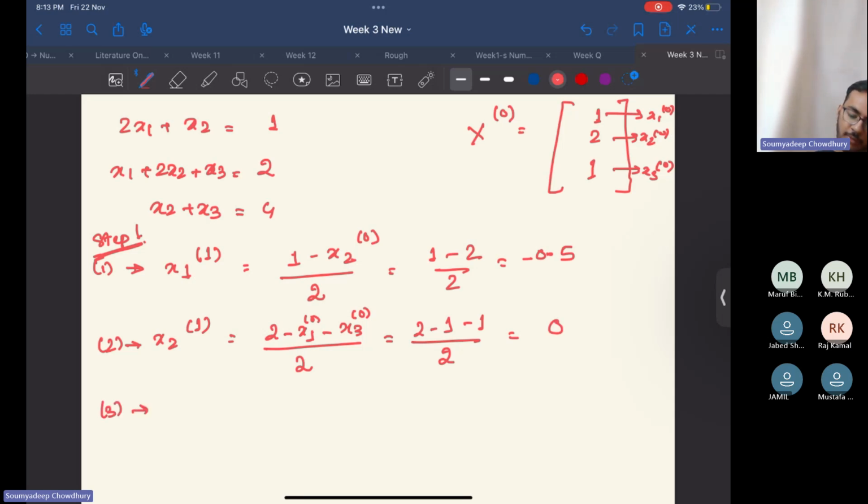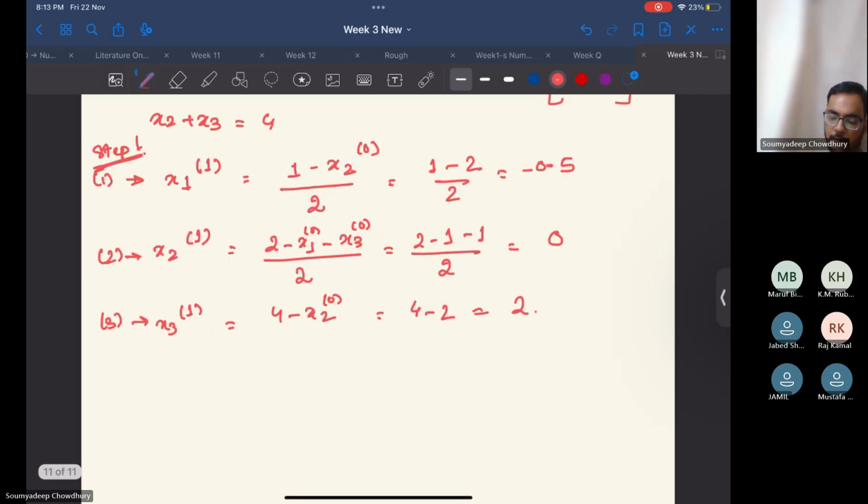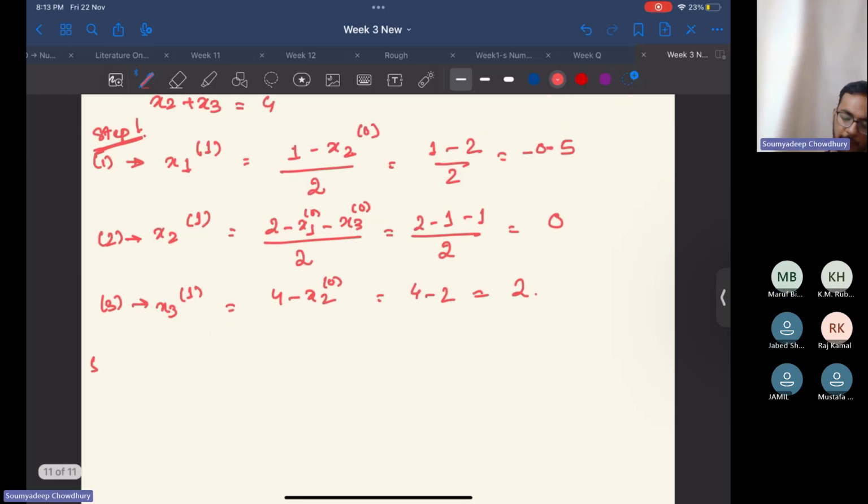From the third equation, we find x3. It is 4 minus x2 of 0. So the first step we have completed. Is this process clear? How did I get it? Yes, sir. Okay. So can you tell me what will be step 2?